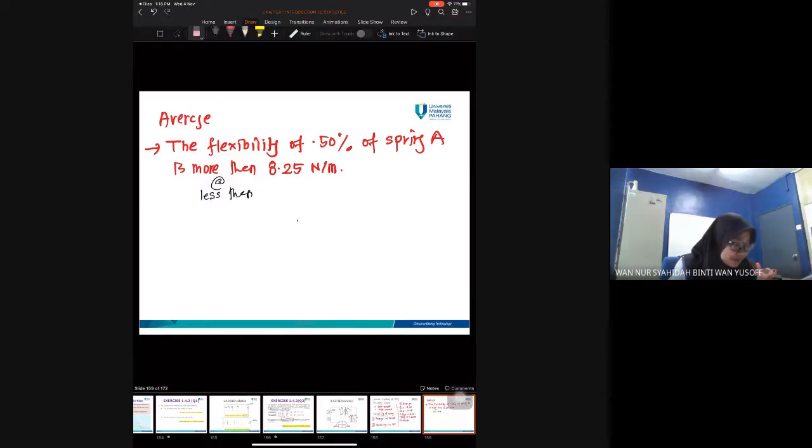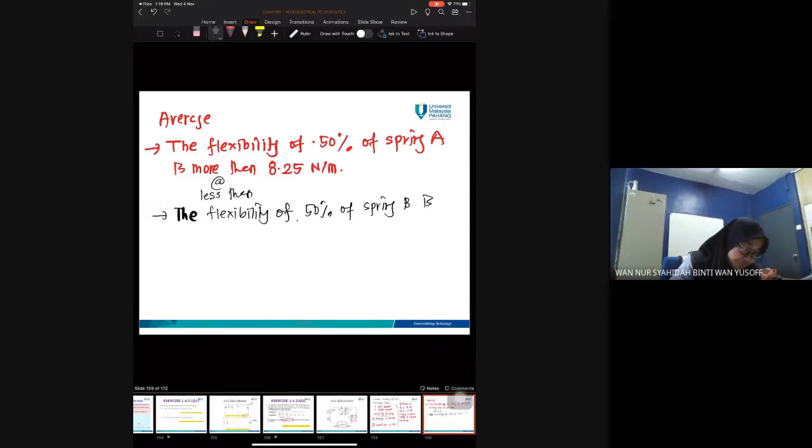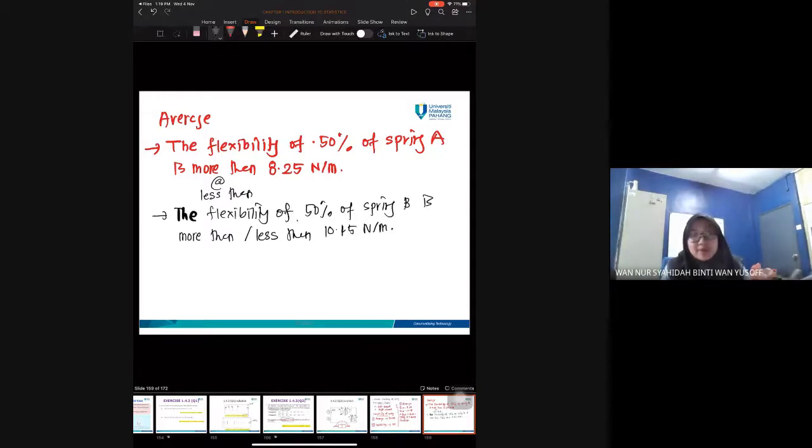Okay, so similar to spring B, 10.15. So at least you have two ways to interpret your average when we have the box plot.